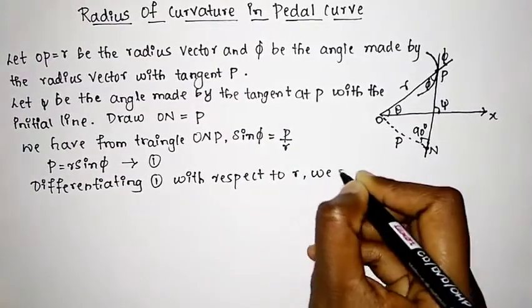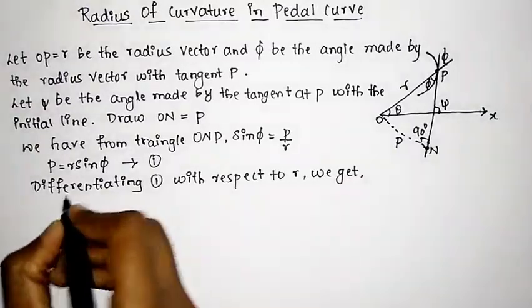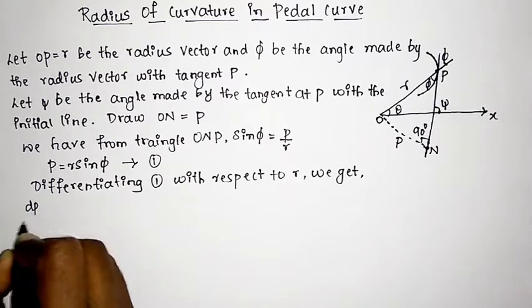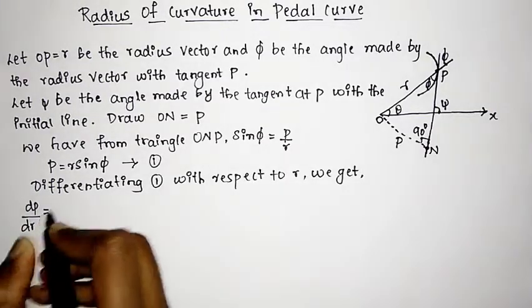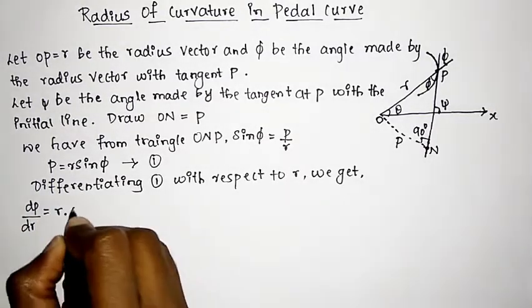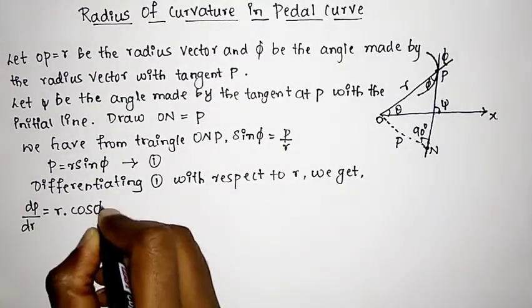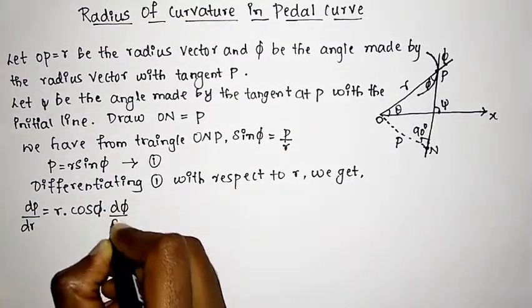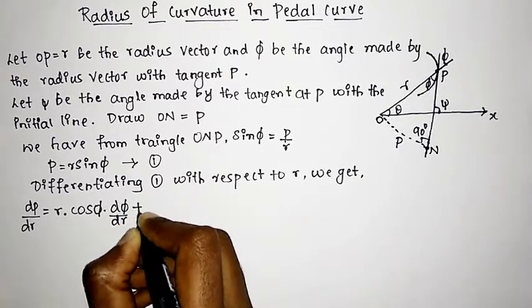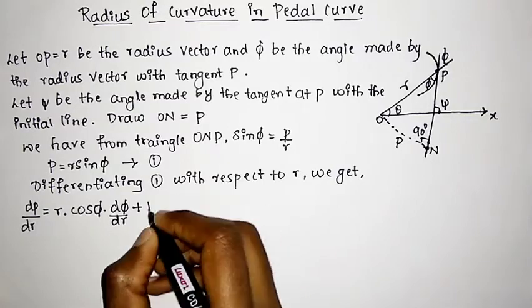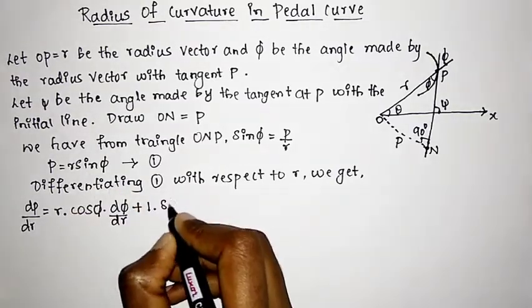So dp by dr can be written as r into the differentiation of sin phi, which is cos phi, into d phi by dr, plus the differentiation of r with respect to r, which is 1, into sin phi as it is.